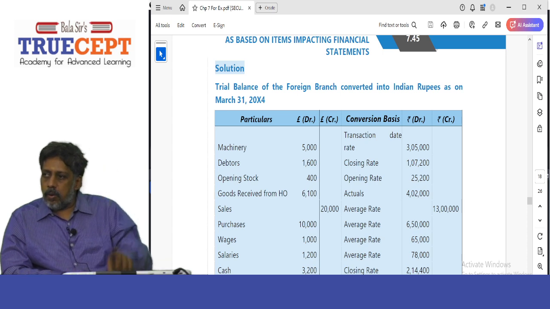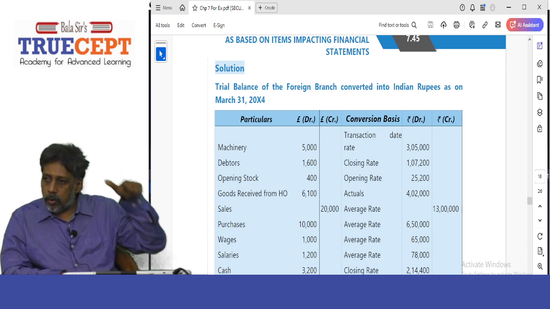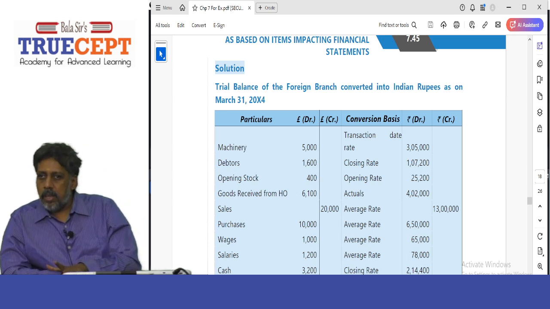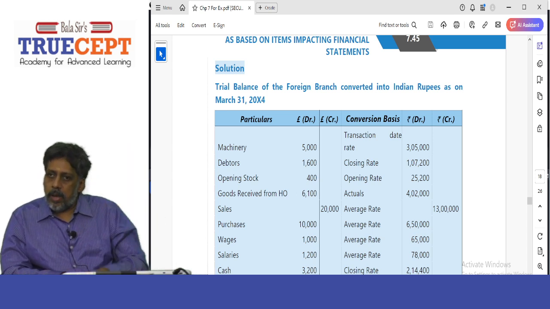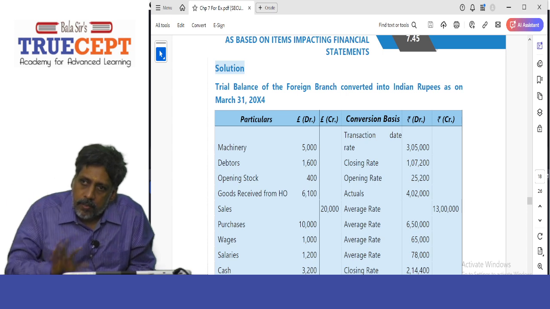But where goods are received from the head office, the remittance to the head office, and the head office account, the amount due to head office, the credit balance, all these you can take at the rupee value given in the question itself.